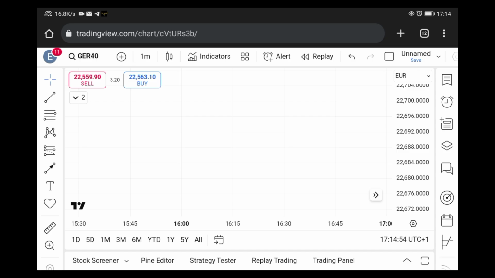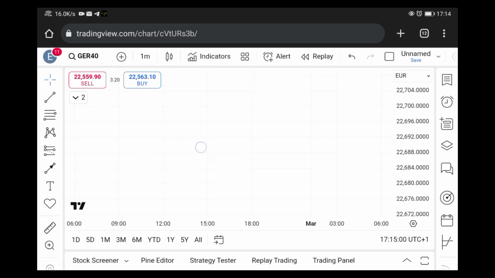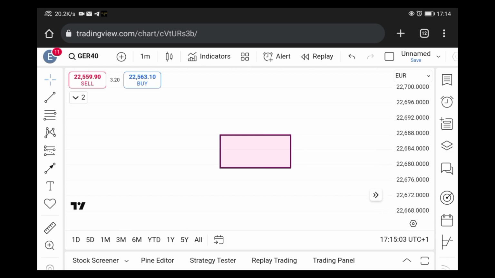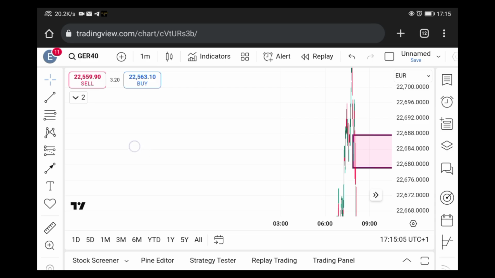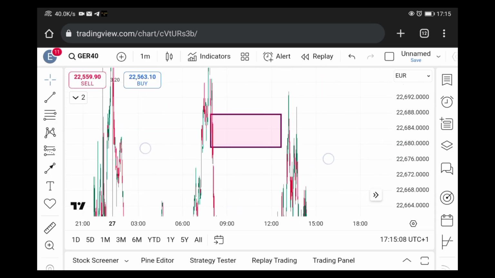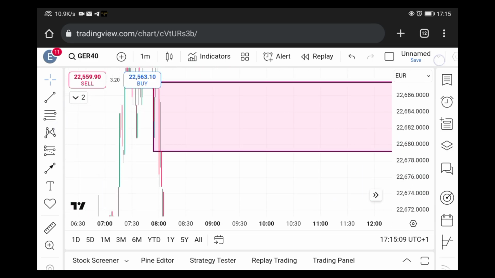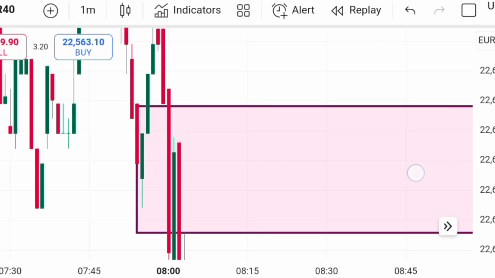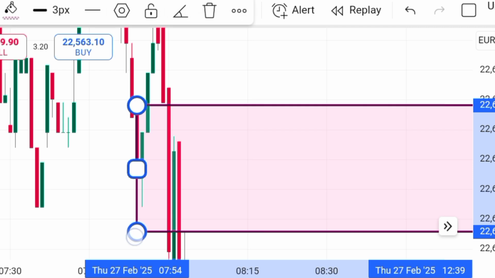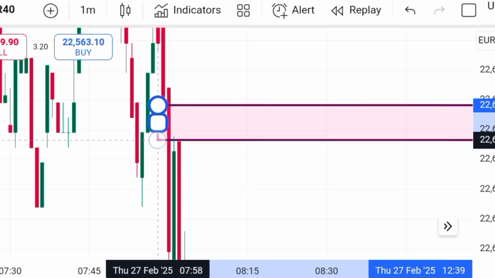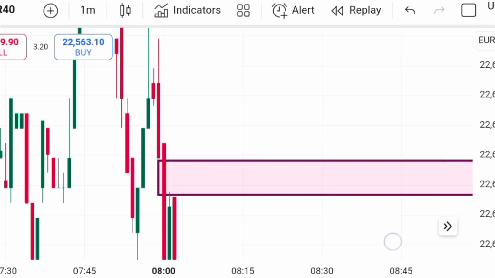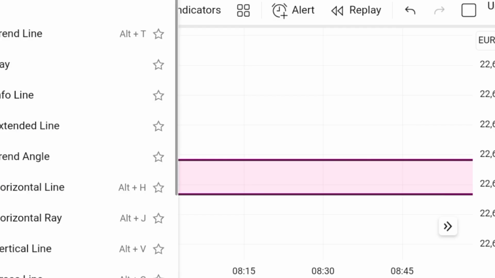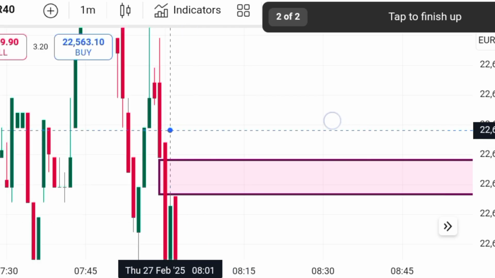We use all the time frames to make sure that everything works out perfectly for us. So here is the zone I mark. On our 1 minute, there is an imbalance right here. We have that imbalance there. We have another imbalance above right here.